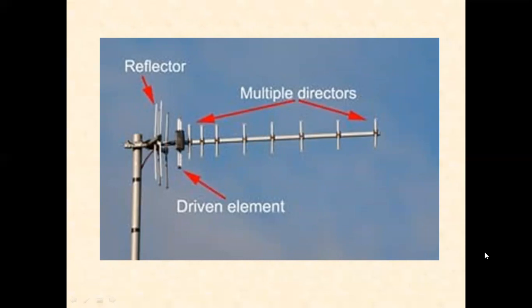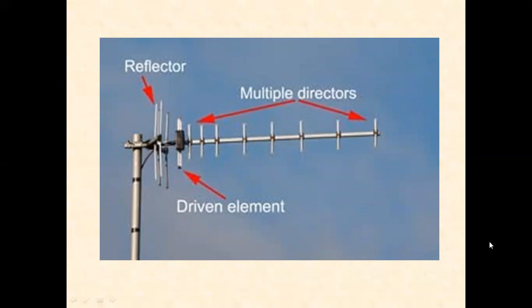In other words, the parasitic elements obtain power through electromagnetic coupling with a driven element. A parasitic element lengthened by 5% with respect to the driven element acts as a reflector. This is a reflector. It is approximately 5% longer than the driven element. Similarly, a parasitic element shortened by 5% relative to the driven element is a director.